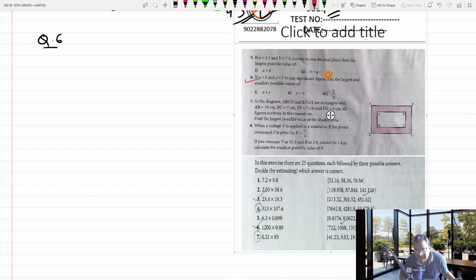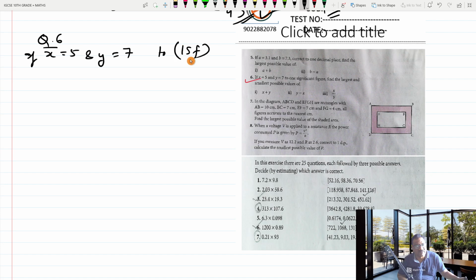It says that if x is equal to 5 and y is equal to 7, you can see here x is equal to 5, y is equal to 7, to one significant figure, to 1 SF. You have to round it to 1 SF.